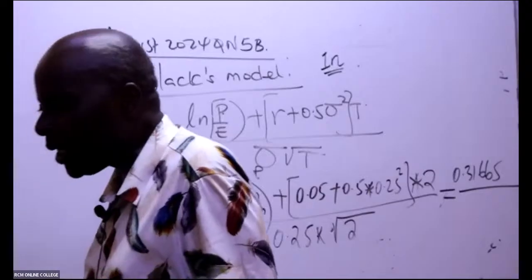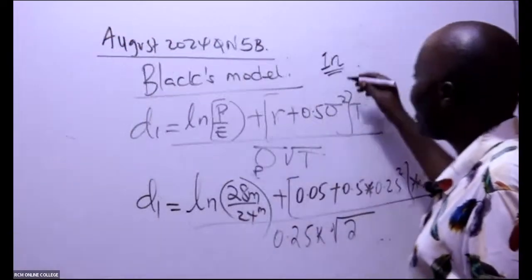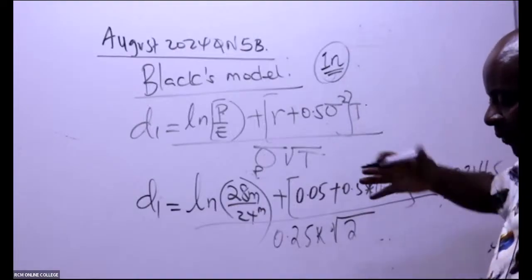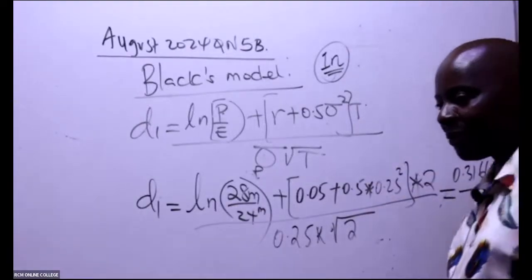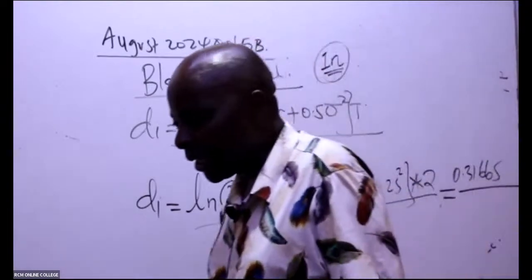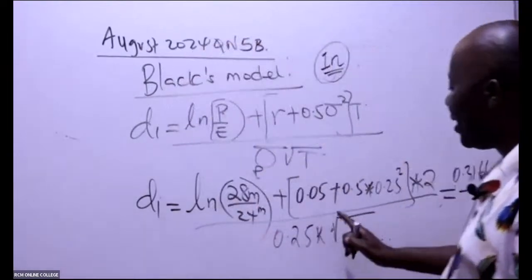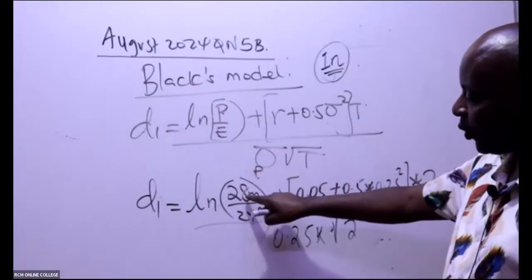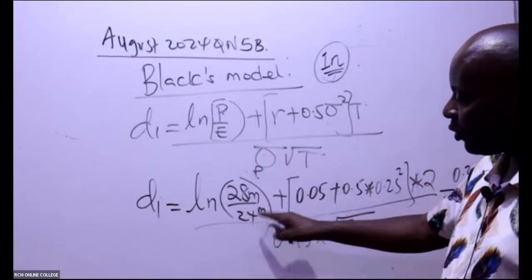Are you able to see where we have ln? It's written ln. It's just near there. You'll be able to see it near the red thing, where there are logarithms. All right? And then you pick, in this case here, that ln. Don't forget to put this in brackets. So then you say 28 million divided by 24 million, you close.